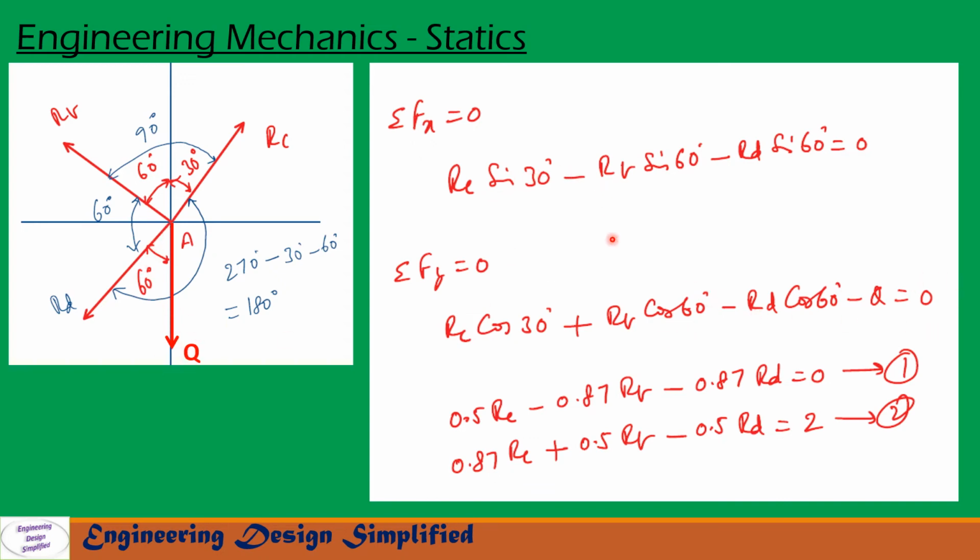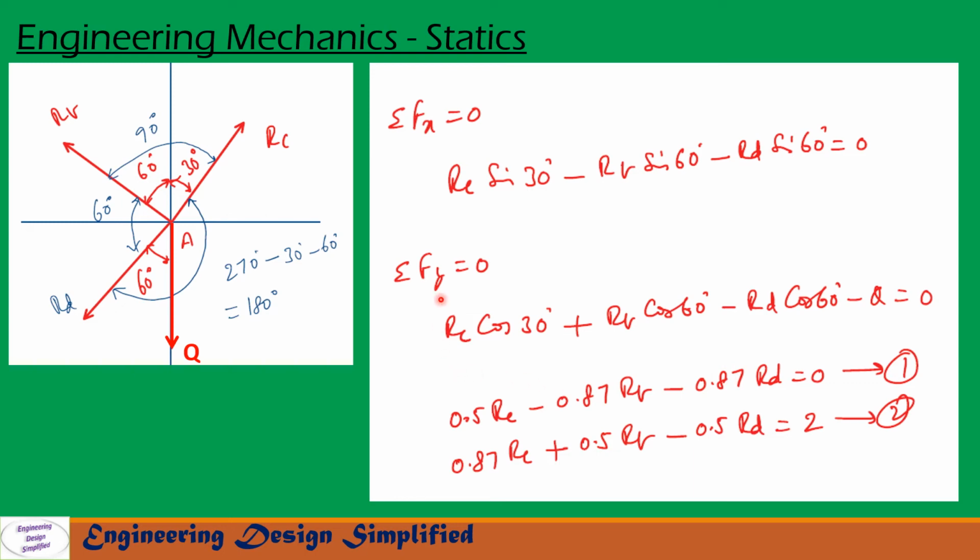Now let us rearrange these two equations. After substituting the angles, the first equation becomes 0.5 RC minus 0.87 RB minus 0.87 RD equals 0. So sin 30 is 0.5, sin 60 is 0.87, again sin 60 is 0.87.